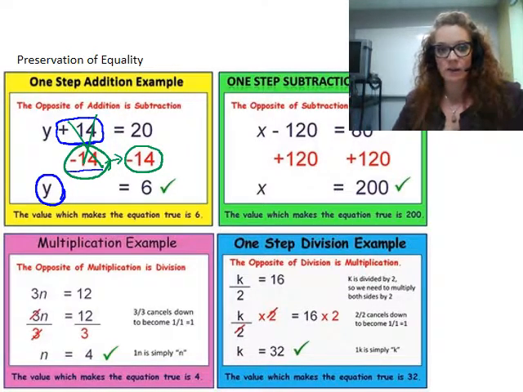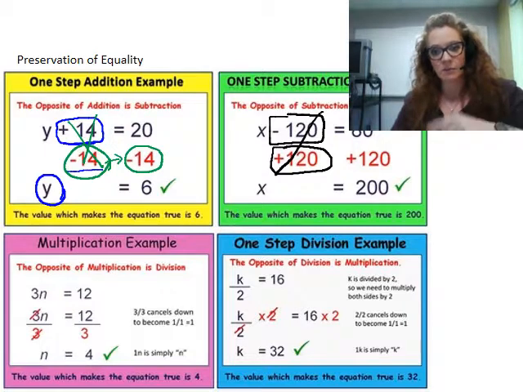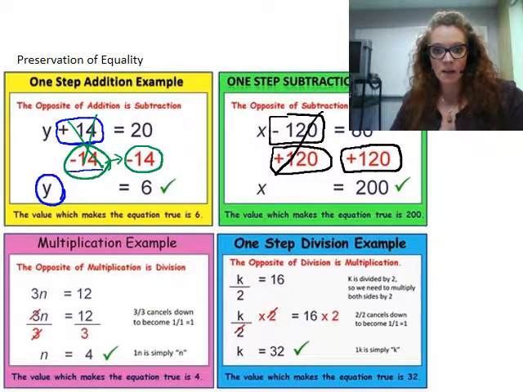Let's have a look when they're using subtraction. We have a negative 120 here, so we want to add 120 to get rid of that, and then this side is gone, cancels itself out. What I do to one side, I must do to the other, so if I've added 120 on the left side, I need to do that to the right side. And x is naked and alone, and 80 plus 120 is 200.